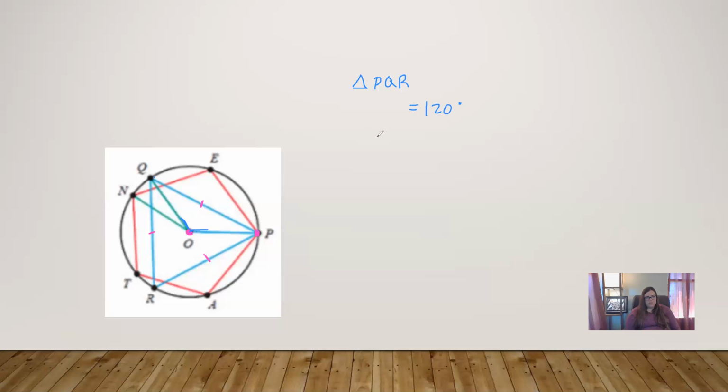Okay. And then we have angle PON right here. Just a little bit bigger. It's going to be 144 degrees.